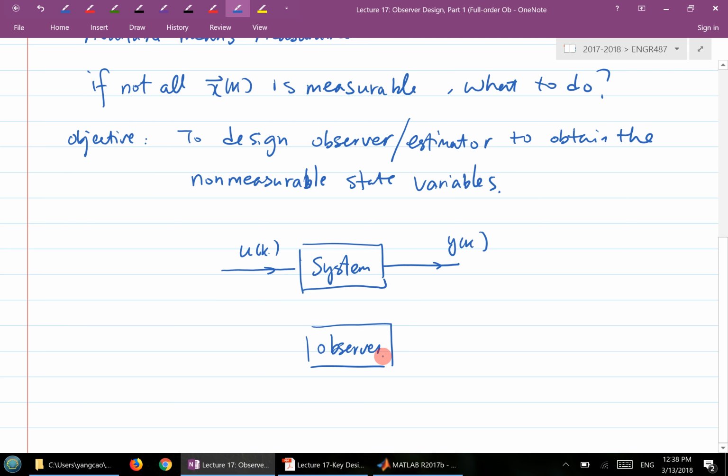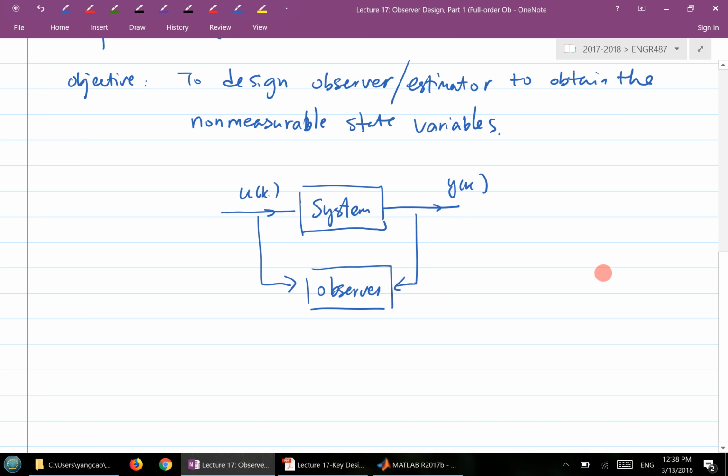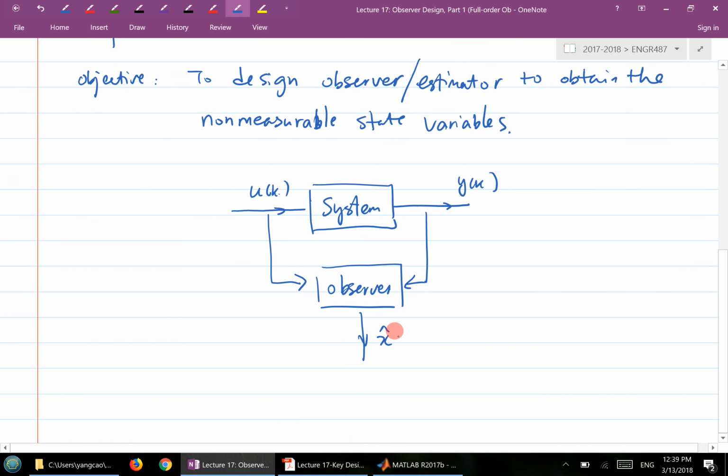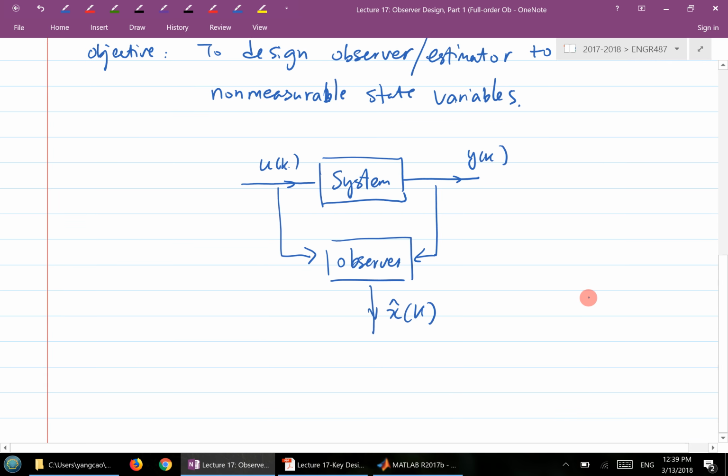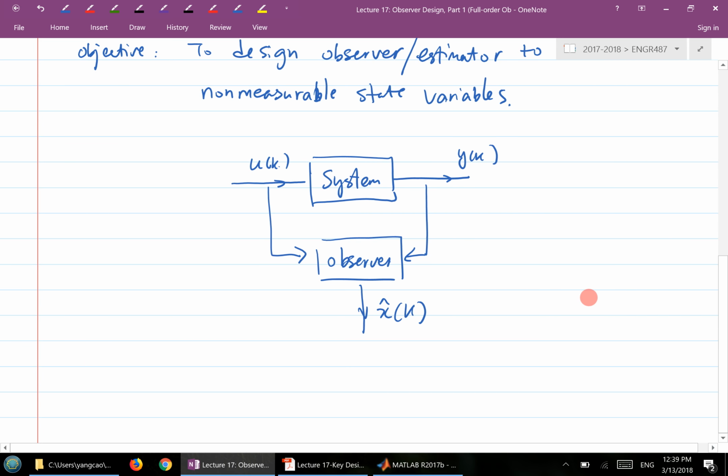So we'll look at how we can design this box. The observer will take whatever available information. So it takes the available control input, it takes the available system output. That's your observer here. Based on a certain mathematical algorithm, it will try to spit out an estimated state variable, x hat of k.